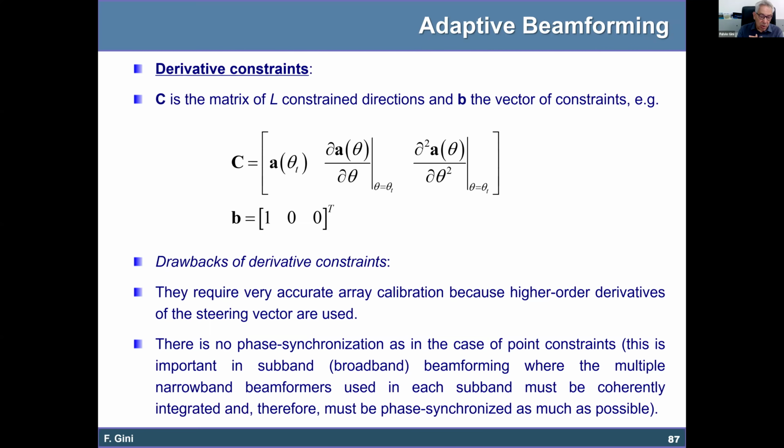So we should know the array response very well, because when you calculate the higher order derivative, basically an error in the knowledge of the array response is somehow magnified when you calculate the derivative.